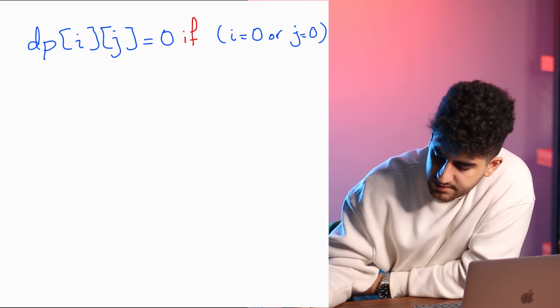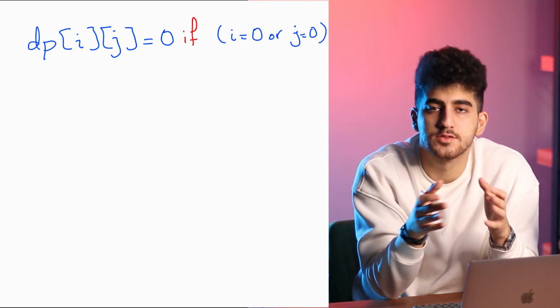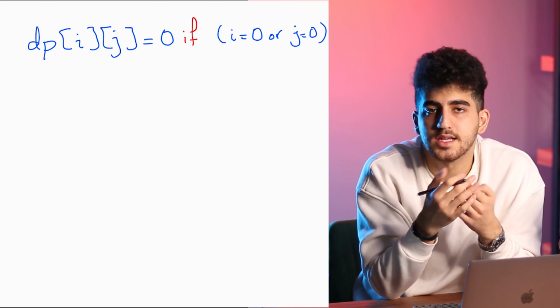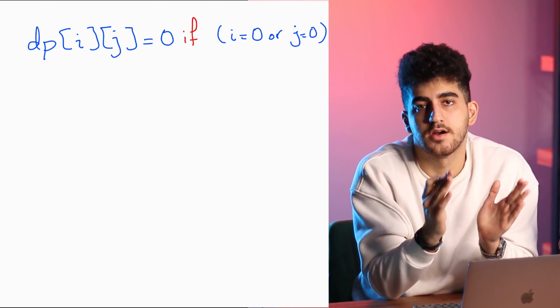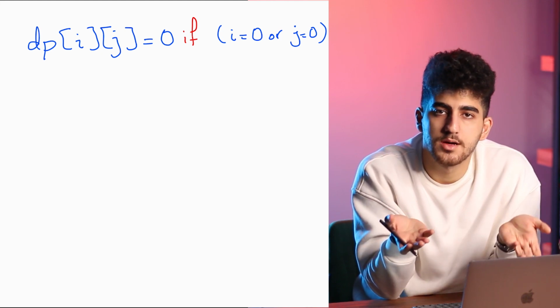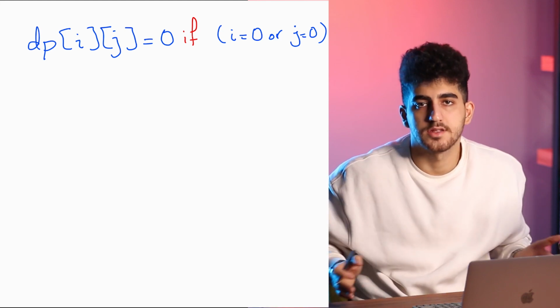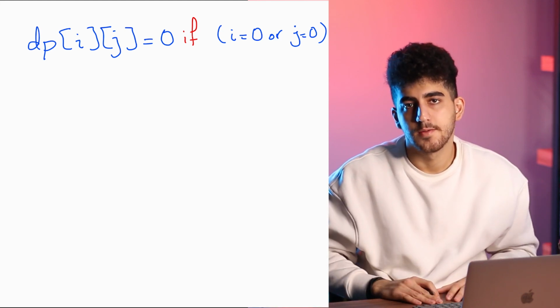Definitely if one of these two values is 0, then one of the strings is empty, so the longest common subsequence is empty as well. So the result is 0.